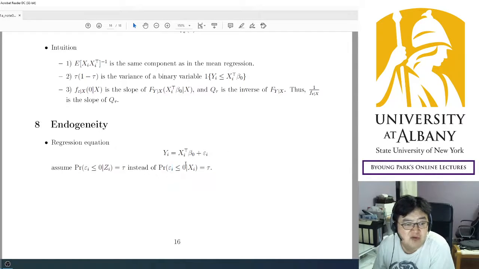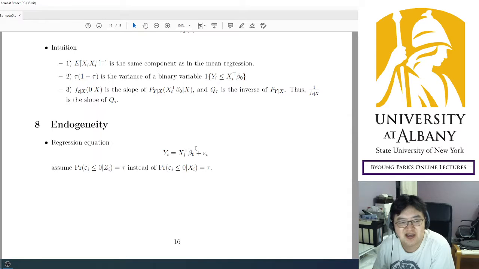However, now x is endogenous. Instead there is an instrument z which satisfies the quantile restriction in the place of x. So we are going to use this assumption, and we will study if we can identify beta 0.